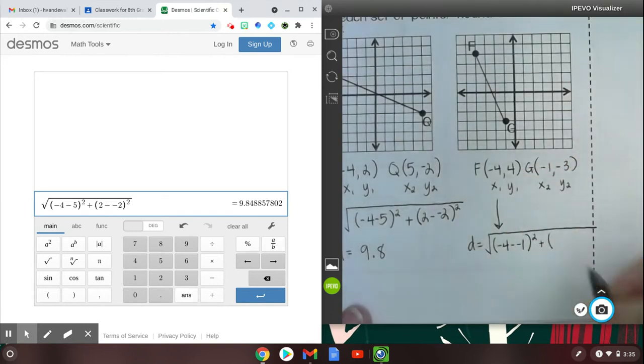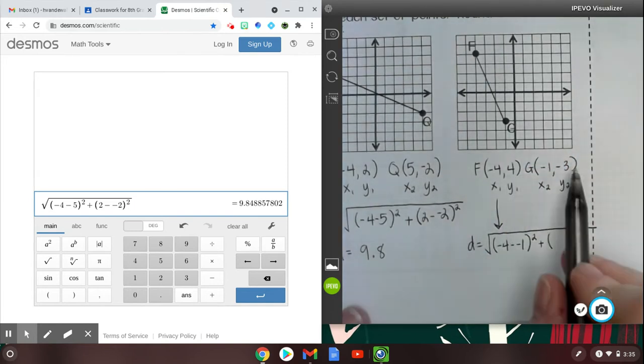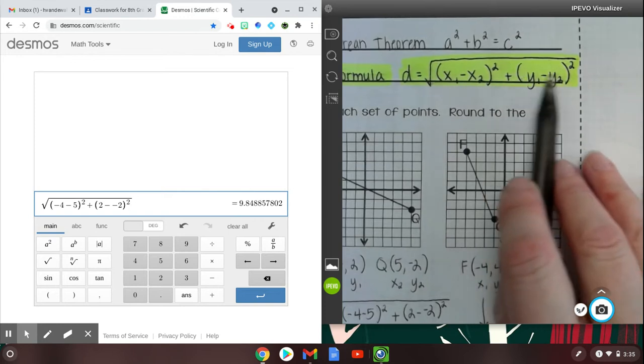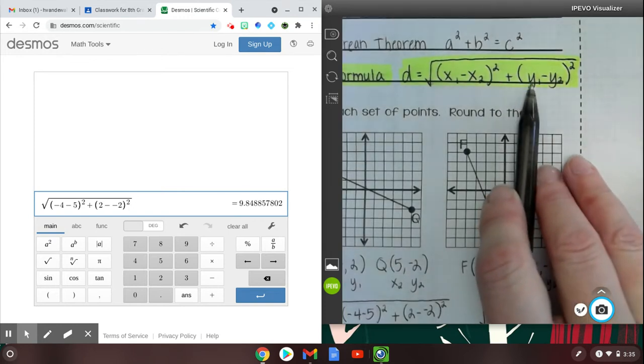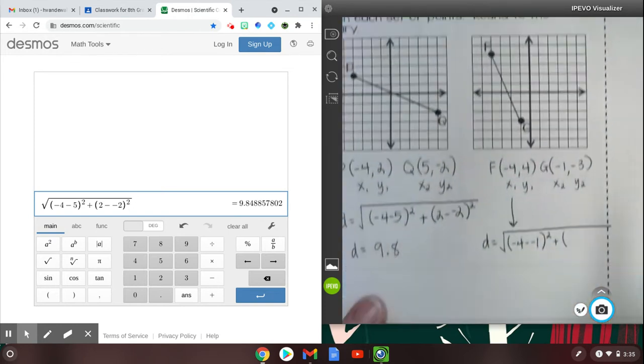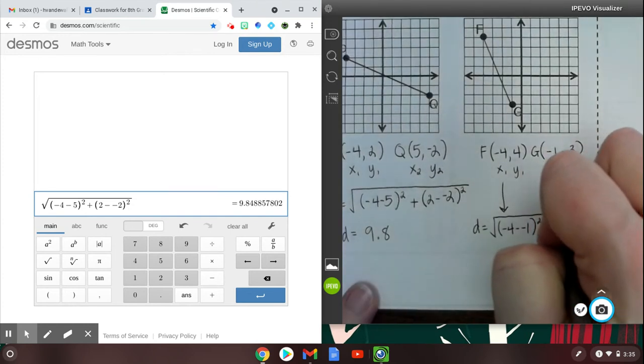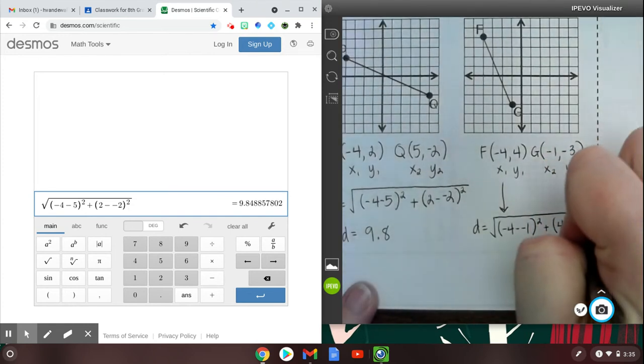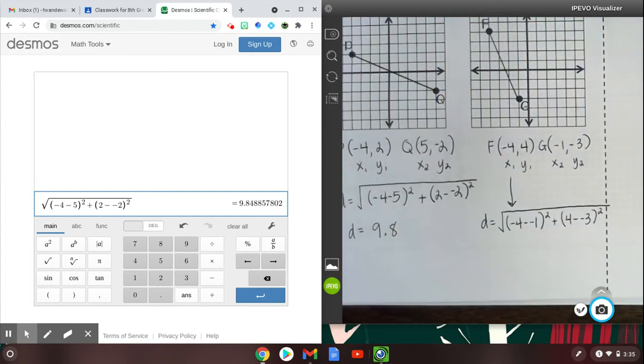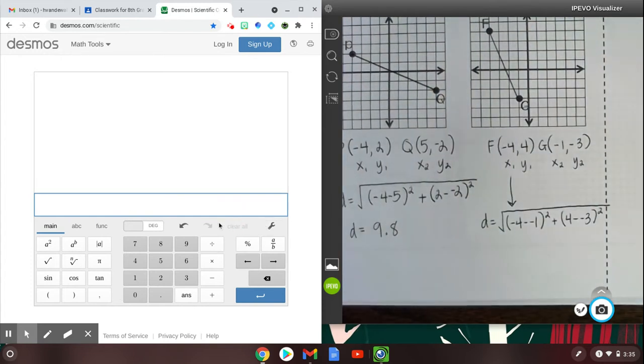Then we're going to add in the middle, and then subtract the y coordinates for the second part of the formula, y1 minus y2 squared. So 4 minus a -3, and that's squared. Now we're going to go to Desmos and let it work its magic.